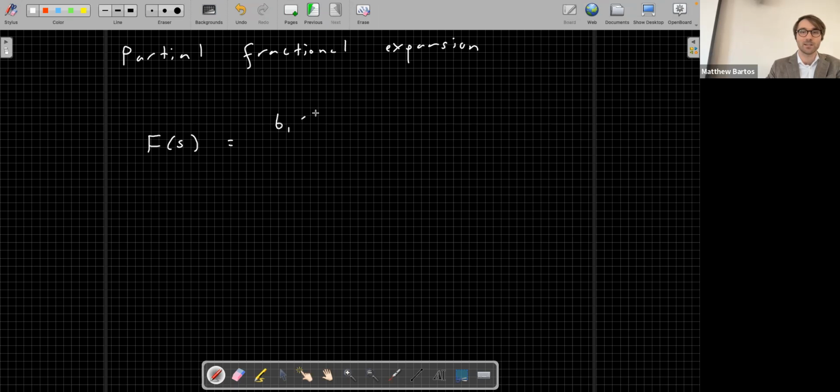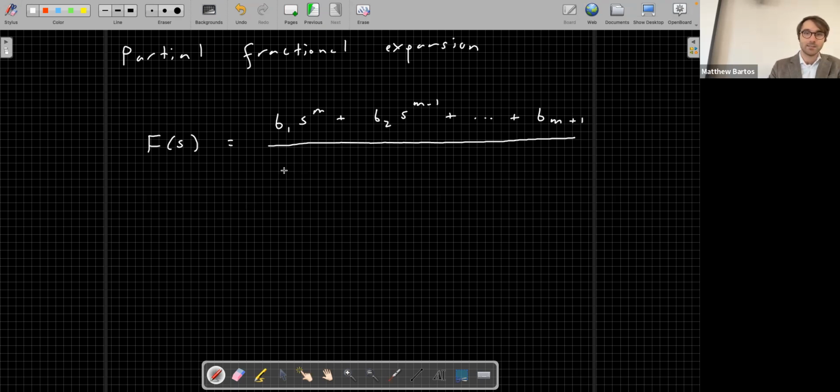Let's say we have something b1 s to the m, plus b2 s to the m minus 1, and so on, all the way to b m plus 1. So that corresponds to our input. And the denominator, we have s to the n, plus a1 s to the n minus 1, and so on, all the way to an.